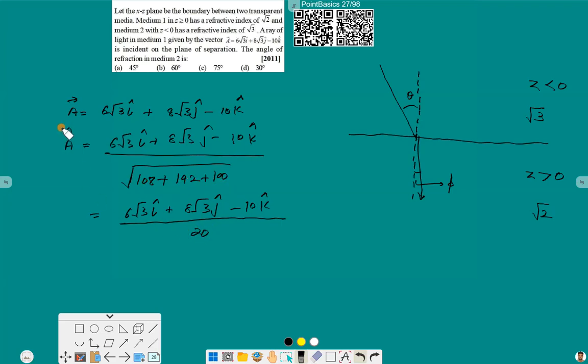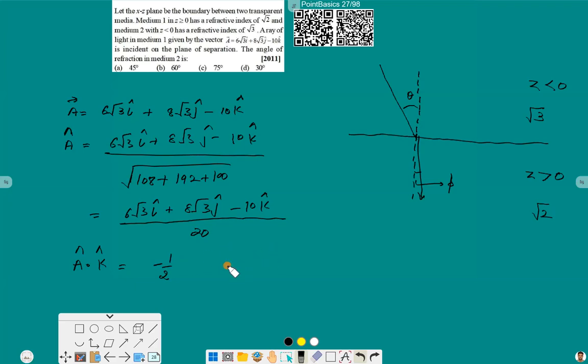So this is the unit vector of the direction of light, and as it is incident here and we have to find the angle with the z axis, we will do a dot product with k. So a dot k will be equal to, this will give us 0, so this will give us minus half.